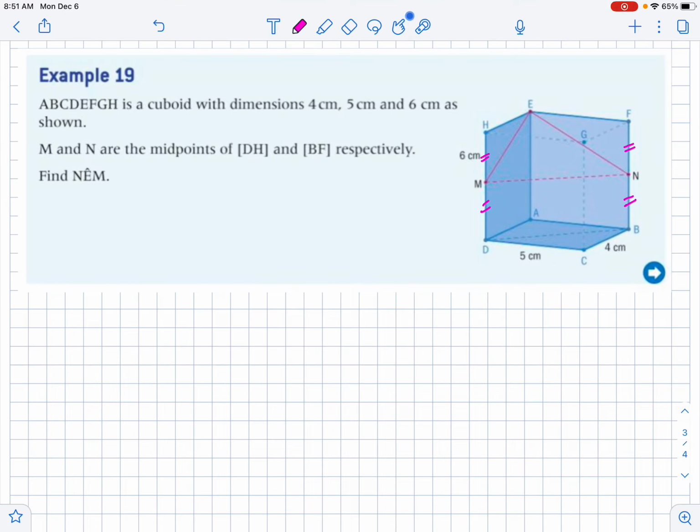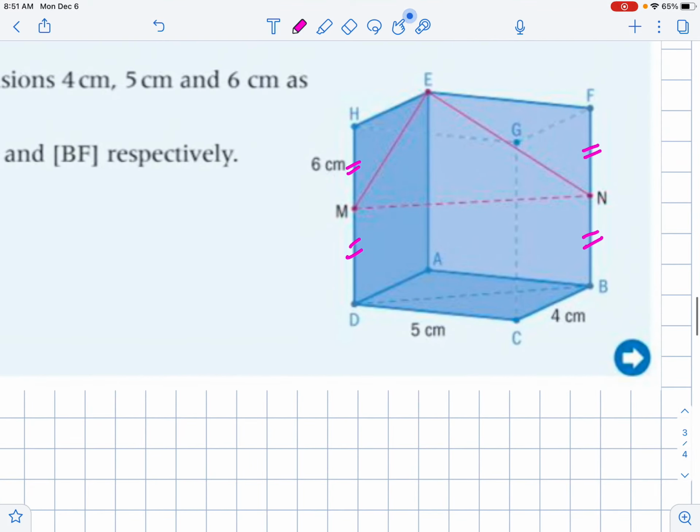Find angle NEM. Well, the first thing I notice is that triangle NEM is not necessarily a right triangle. Even though it looks like a right triangle, I don't think you can assume that it is, because it's cutting through a weird part of the cuboid. I don't think you can say that this side and this side meet at 90 degrees.